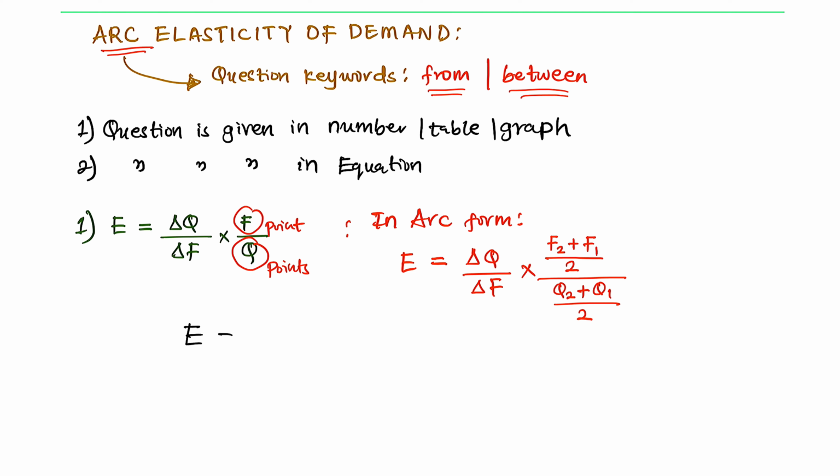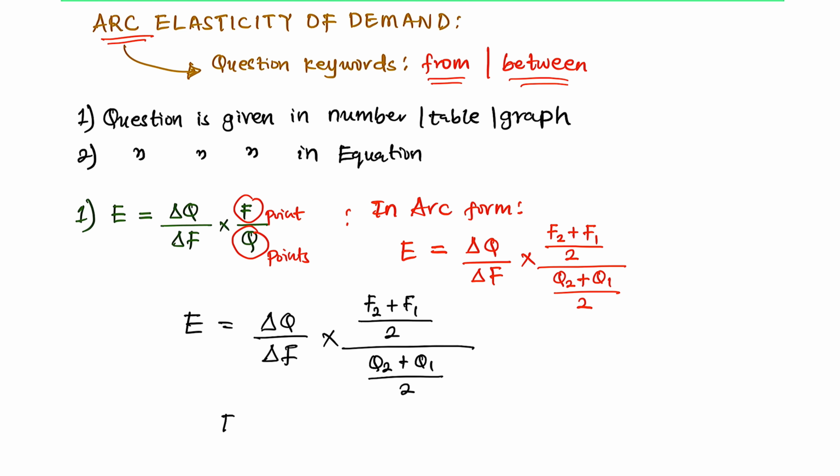E equals change in Q divided by change in F times the new F value plus the old F value divided by 2, everything divided by the new Q value plus the old Q value, everything divided by 2.